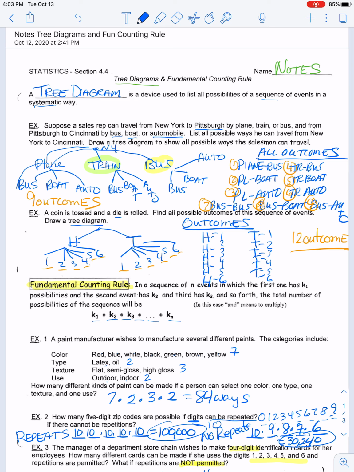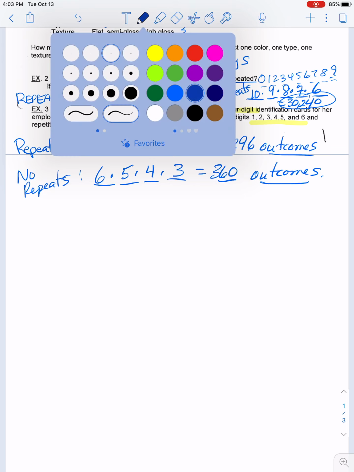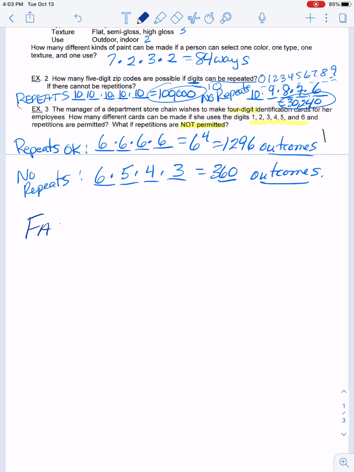Sometimes when I do this first section, I also make a note. In fact, I'll sneak this down here to the bottom. There's something called a factorial, and some of you may know that. It's the happy sign.